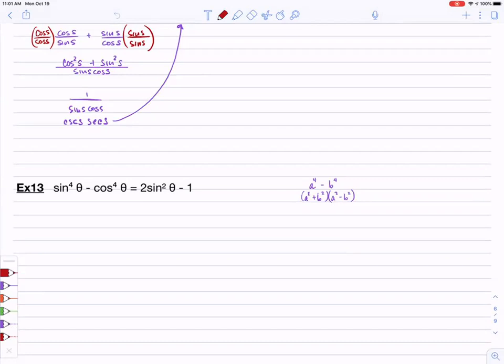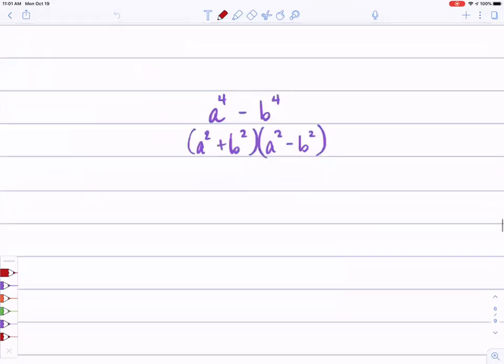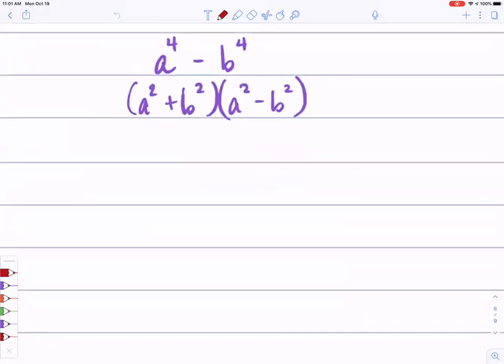Let's go back to number 13 and let's remember where we left off. We were looking at the left side, and the left side is just a difference of two perfect squares. So it's basically like a Math 101, Math 102 concept where we want to factor.